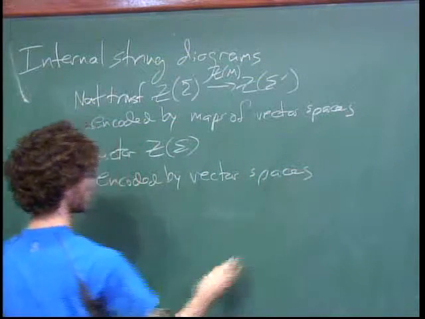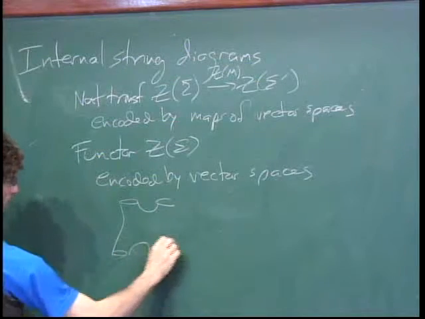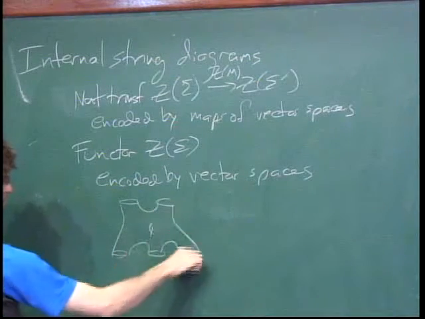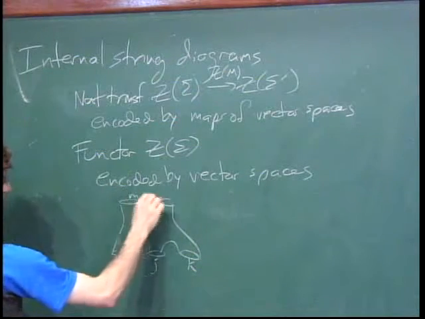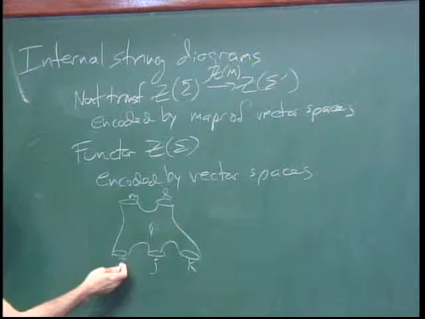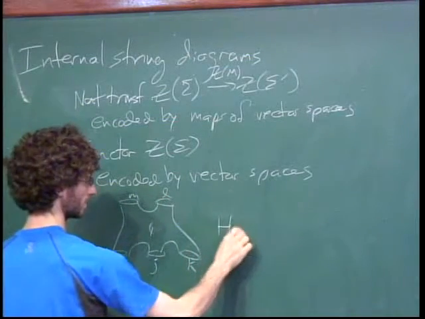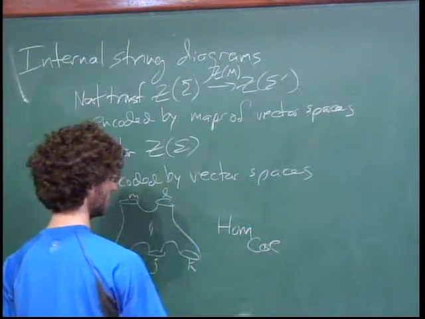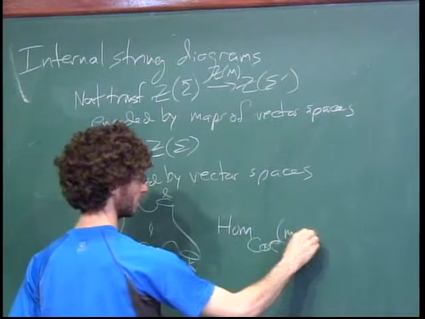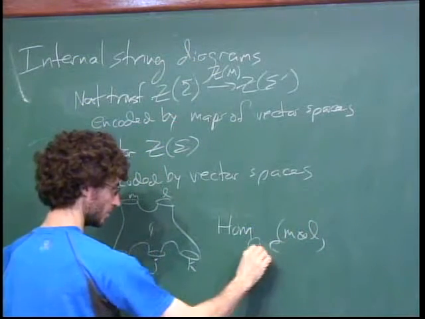They're sort of called the structure vector spaces. And so if you have some surface with some topology, and I label the incoming and outgoing things by simple objects I, J, K, M, and L, then the vector spaces that determine this are Hom in, say, C tensor C from M tensor L, well, let me be really clear and use a different symbol.